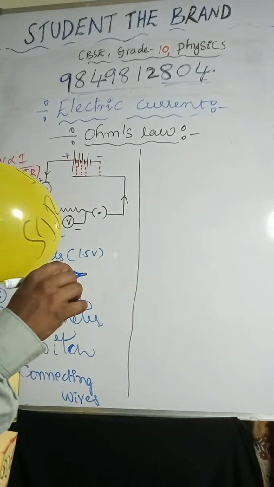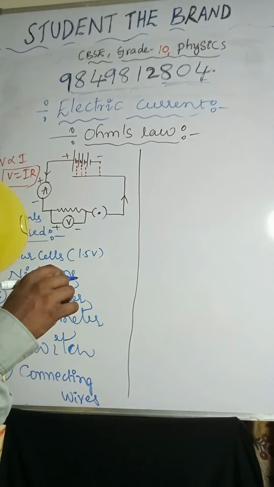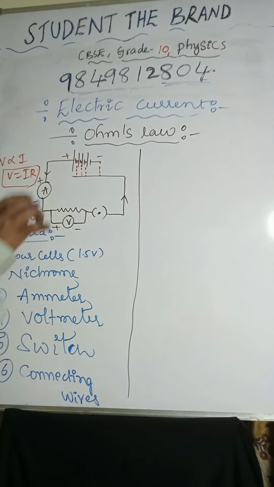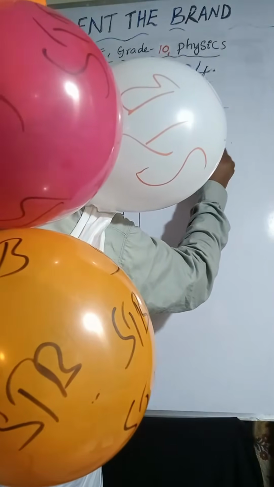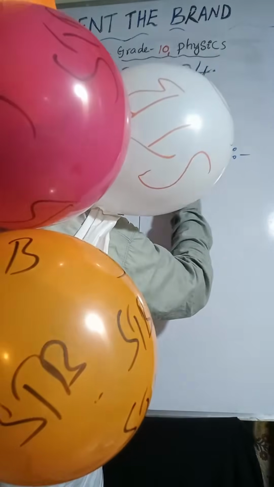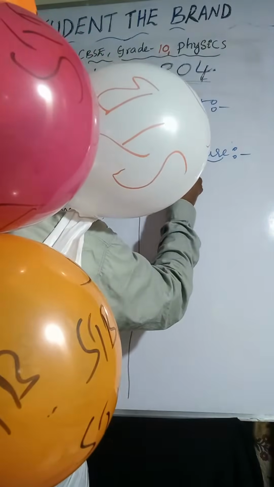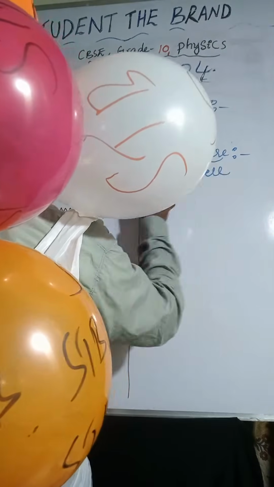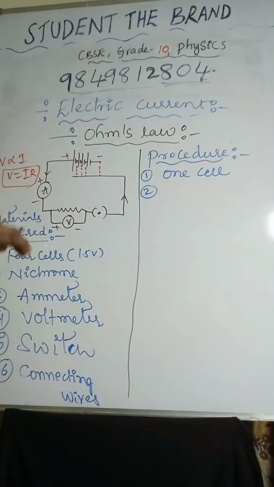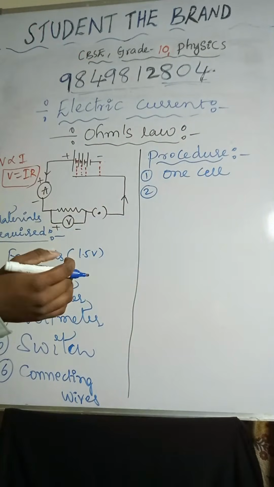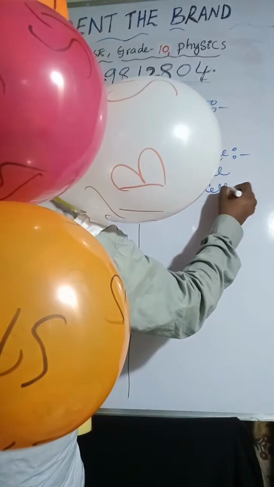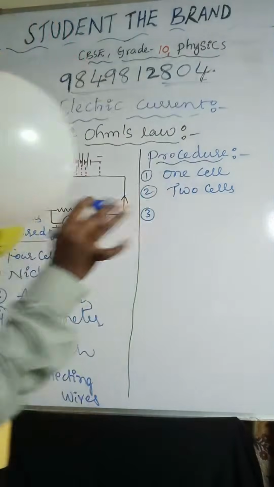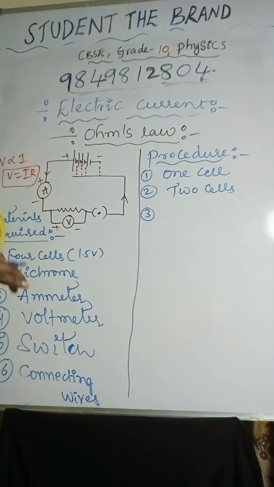Okay, now the procedure. First, connect one cell and note down the reading of the ammeter and voltmeter. Next, connect two cells and note down the reading of the ammeter and voltmeter. Repeat the process for 3 and 4.